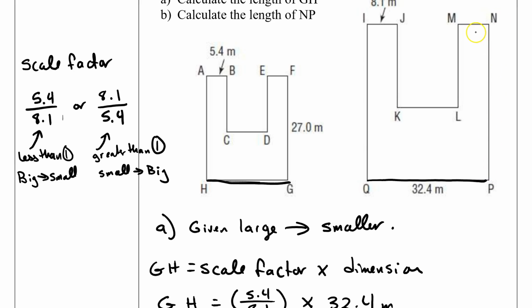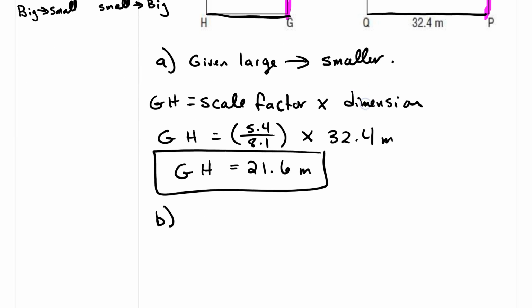First things first, I would highlight what the corresponding side would be. And I would notice that we're going from the smaller picture, we're given the side on the smaller picture, and we want to find out what that length on the larger picture would be. So we are given small, and we're being asked for large.